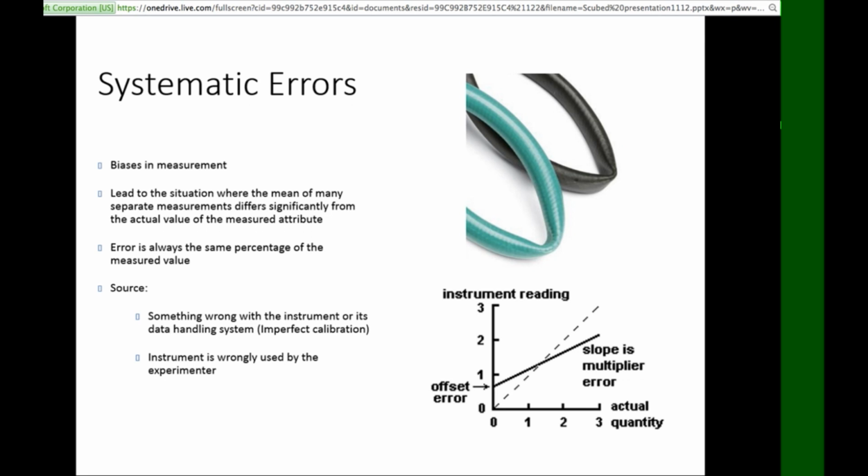Another way of detecting a systematic error is by using the same instrument to measure a known quantity, a quantity whose value we know, and if we don't get that value, then we will be warned to look for a possible error. There is yet another way of detecting a systematic error, namely comparing the readings with readings made using a different apparatus. So basically you use an apparatus which you know to be more accurate, you measure the same quantity, and you compare the results.